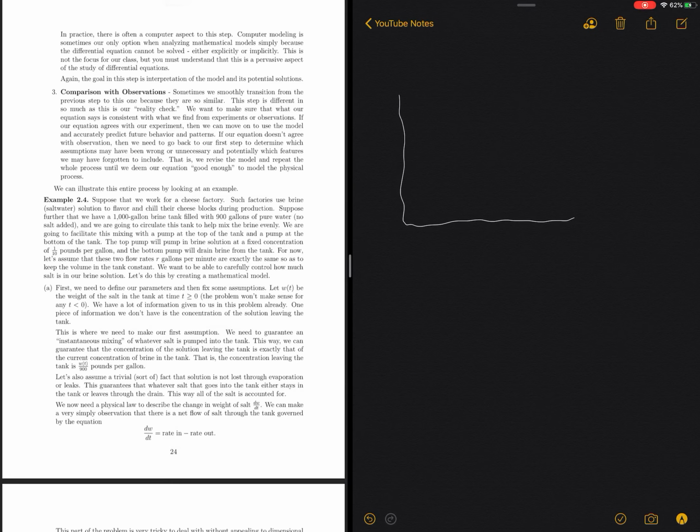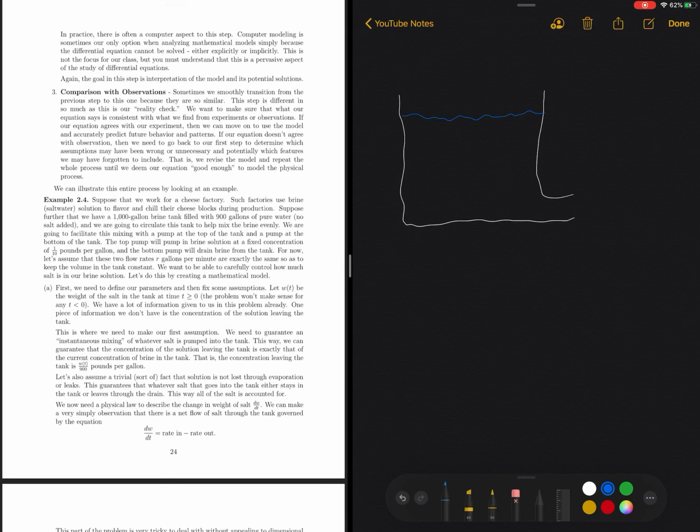We're going to suppose that we're control engineers at a cheese factory. Specifically, in the cheese manufacturing process, there is usually some brining process where you take your blocks of cheese and, in effect, season them with a little bit of salt.